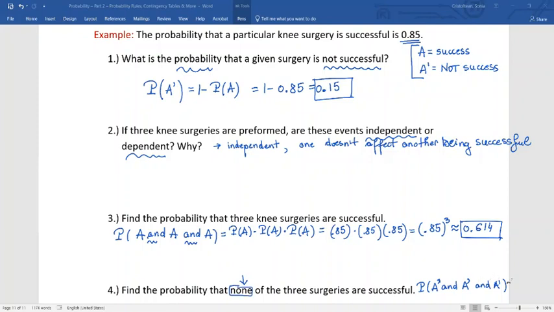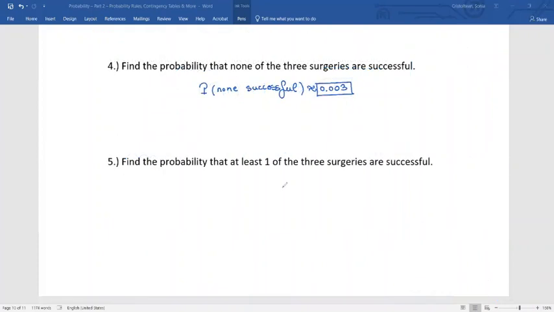Instead of using the successful one, I'm using the unsuccessful. The probability for each unsuccessful one is 0.15, so 0.15 raised to the 3rd power, 0.15 times 0.15 times 0.15. And the answer to that will be about 0.003.